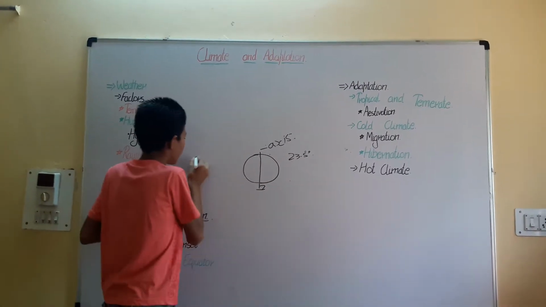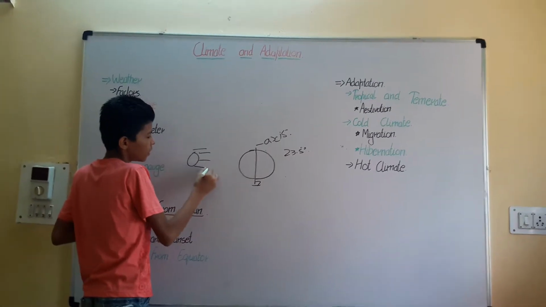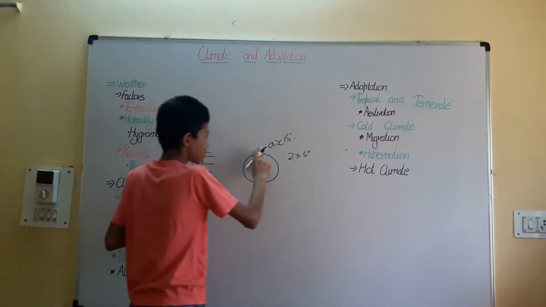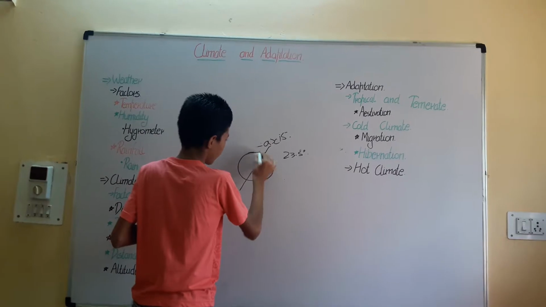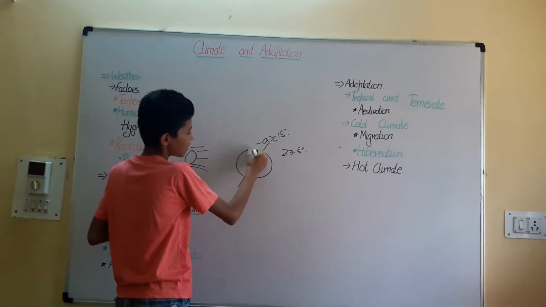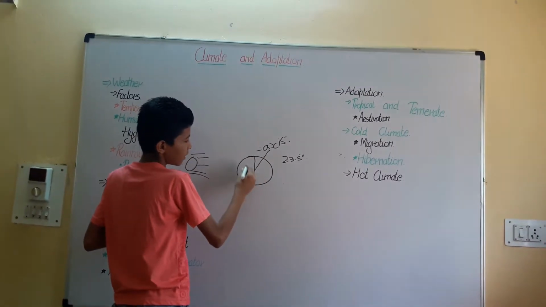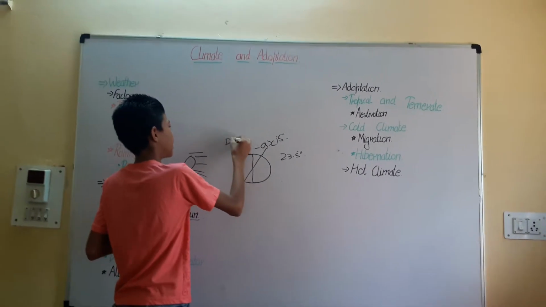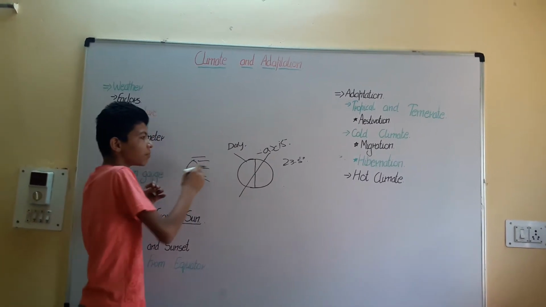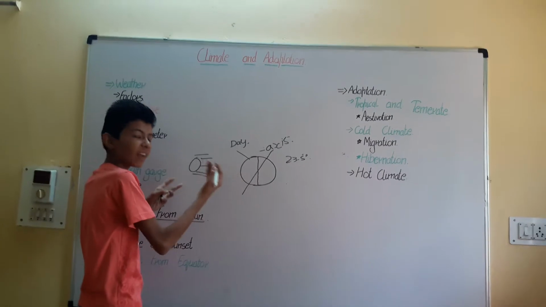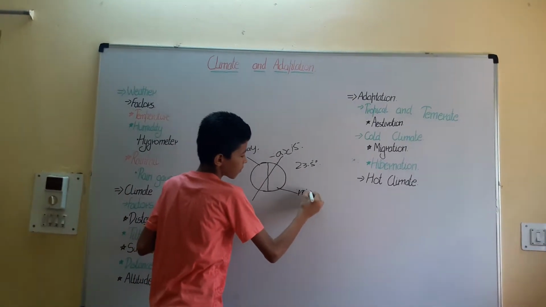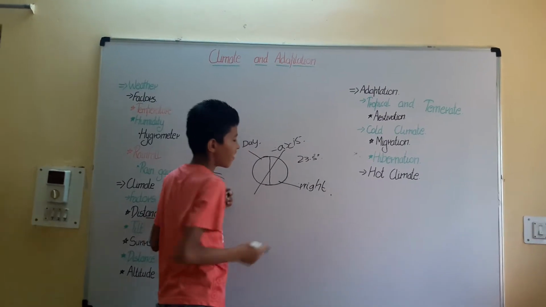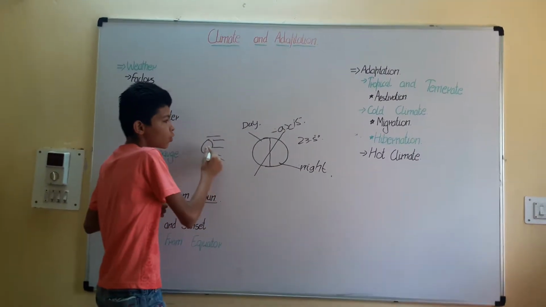So what happens? There is the sun putting out its rays. This part has daytime because it faces the sun and has light, but the rest has night.